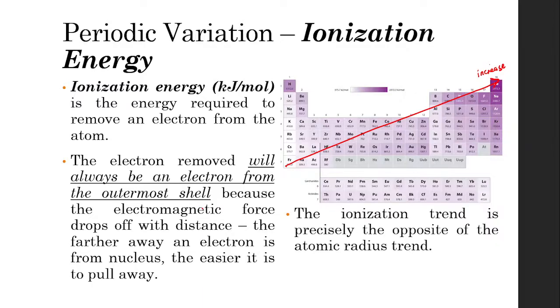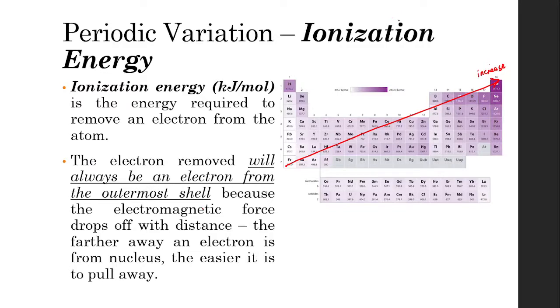Maybe let's look at the example right here. Let's look at francium. Francium is very, very big. So remember, as we go downward for the atomic radius, our atoms get bigger.